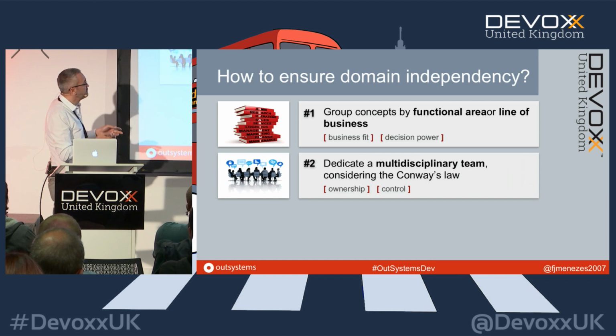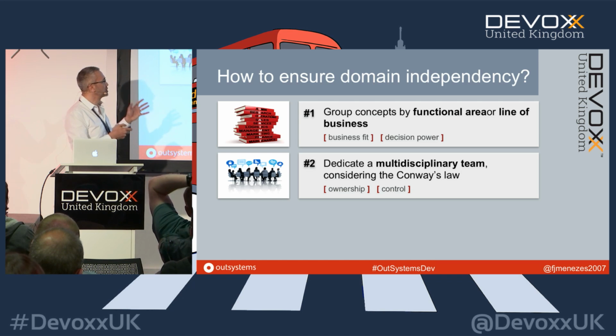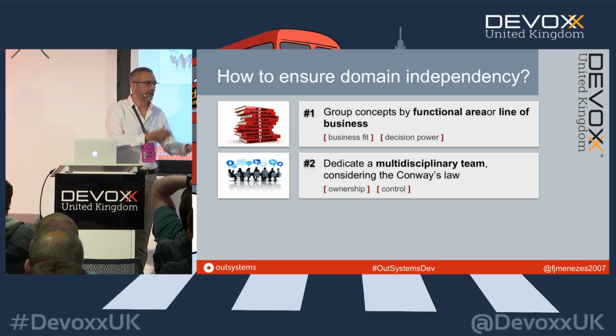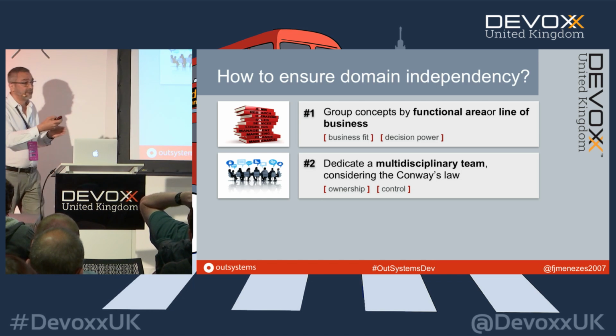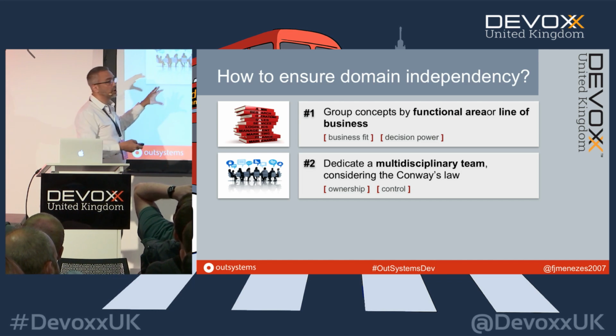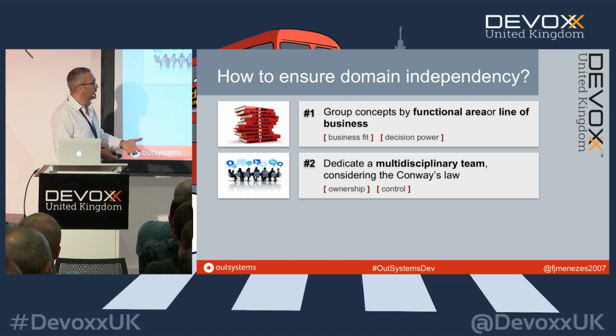The second aspect that is very important is to dedicate a multidisciplinary team to each domain. That is from front-end development, back-end development, querying, very sophisticated UI stuff, even DevOps. You should try to have as much as possible inside your domain, so you can actually be independent.